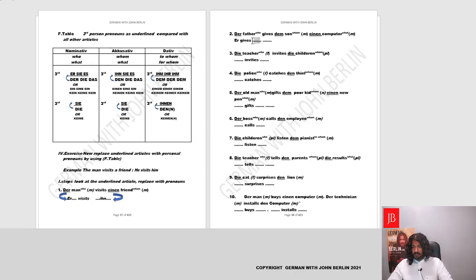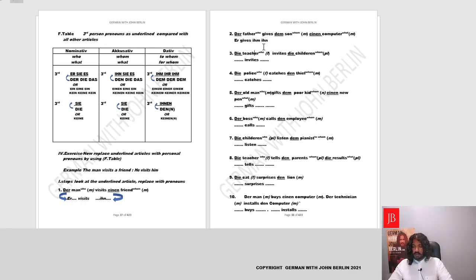Very good. Einen Computer, instead of einen, which we see here, we could simply write ihn. Very good. So basically, er gibt ihm ihn, he gives to him it.